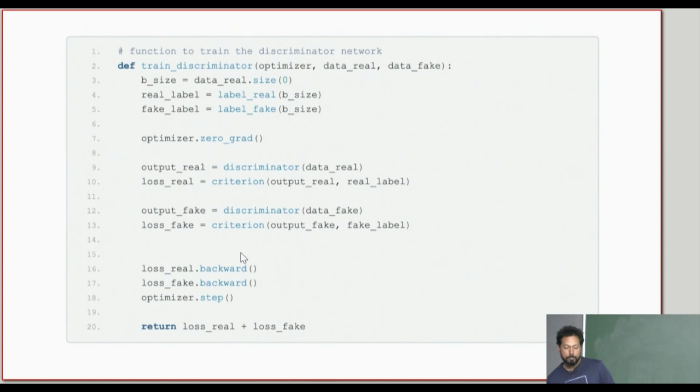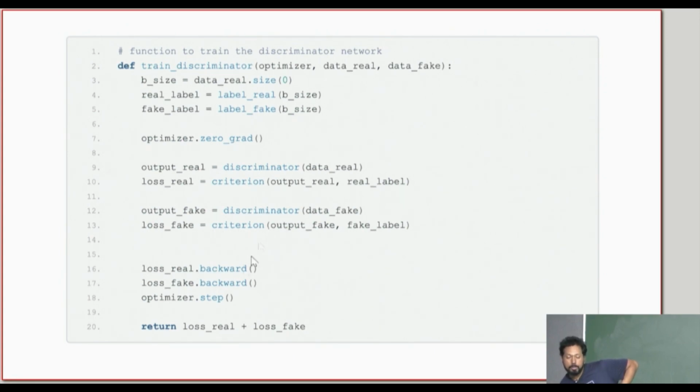And then the training module for the discriminator is like this. Basically here we have the discriminator taking the real data, output real, and with the output real we have defined the loss real. Similarly for the fake data we store the output as output fake, and then the output goes with the fake label, and we have the loss fake here.